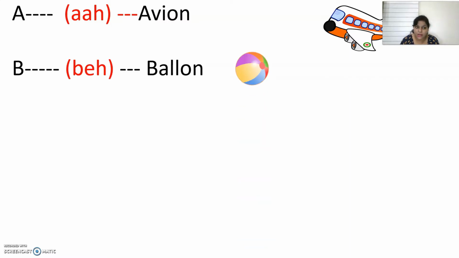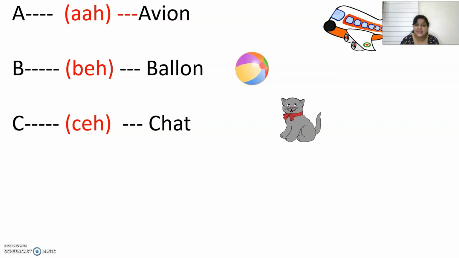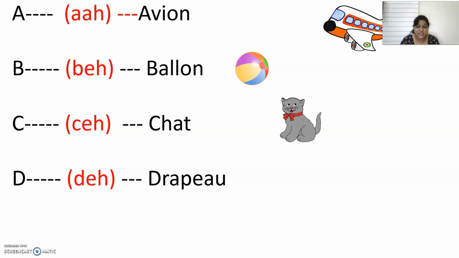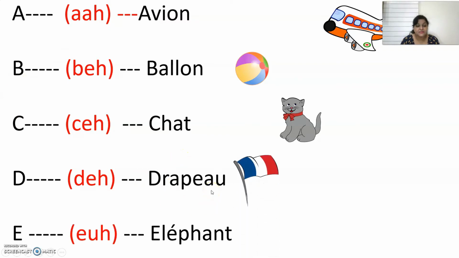Ballon, ball. C, for example, chat, that's a cat. D, for example, drapeau, flag.